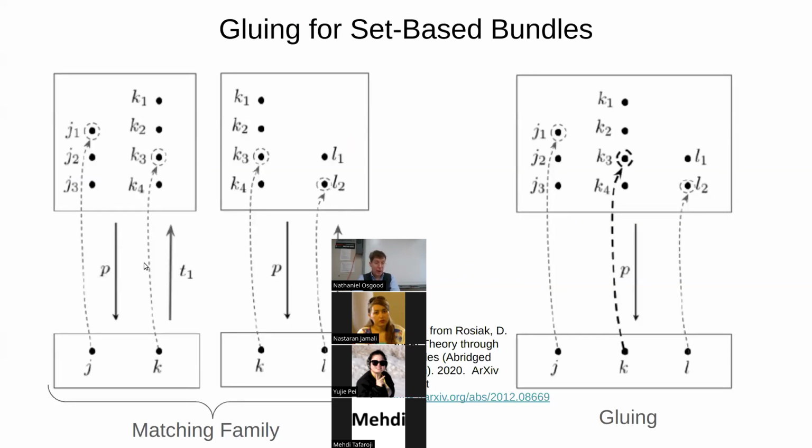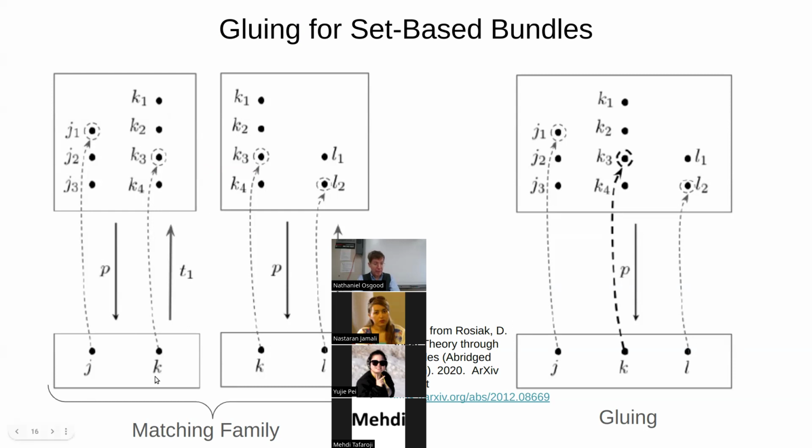So the idea of gluing here will be, if we have a section from, let's say, J and K. So J and K are in the base space. Each of them has a fiber over it. And the section involves a choice of a particular element of the fiber over J and a particular element of the fiber over K, right?